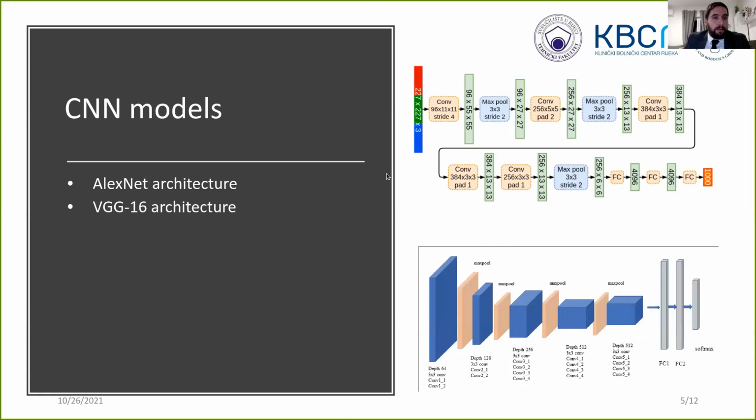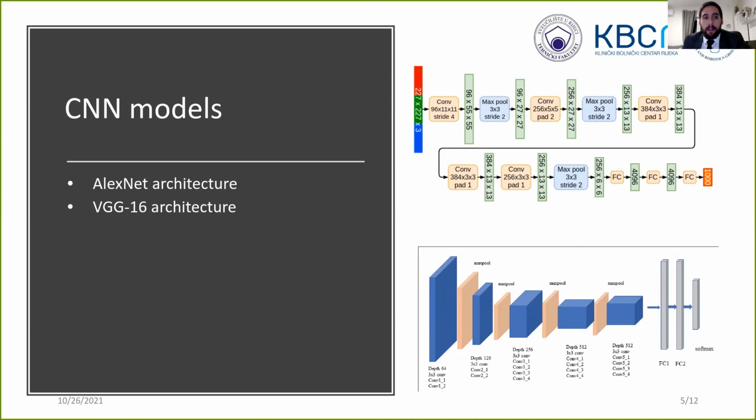For the purpose of image classification, two different predefined CNN models are used. These are AlexNet architecture and VGG16 architecture. These architectures represent standard architectures used in multiple image recognition and computer vision tasks.